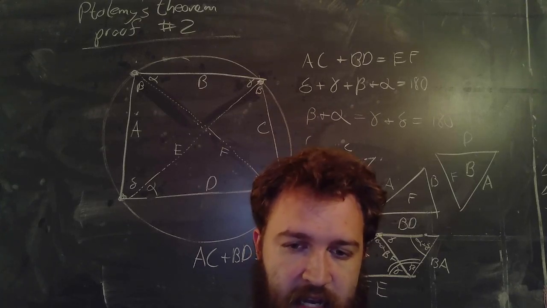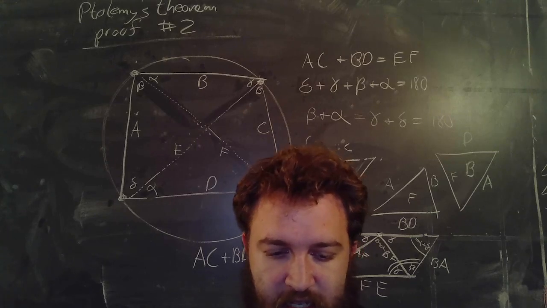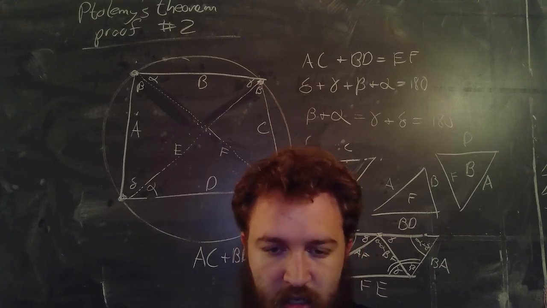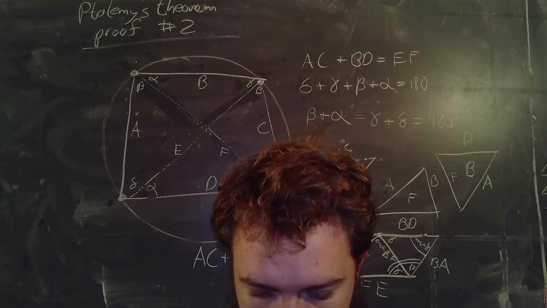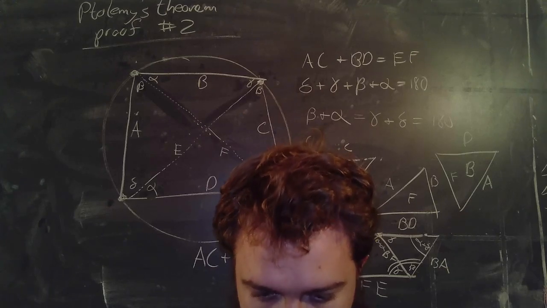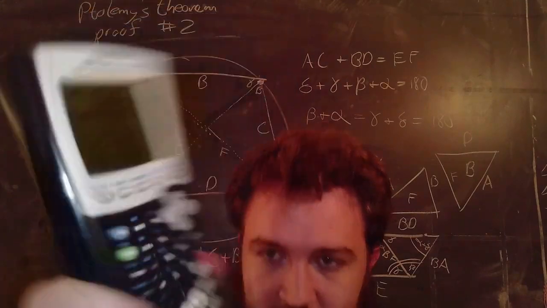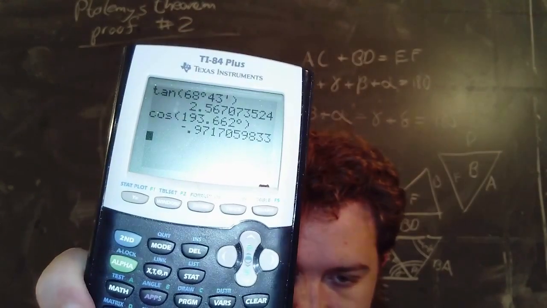For example, this second example is cosine of 193.662 degrees. I can quite literally type cosine of 193.662, and then I use the degree symbol typed into the calculator exactly the way that I see it. When I hit enter, boom, there it is.